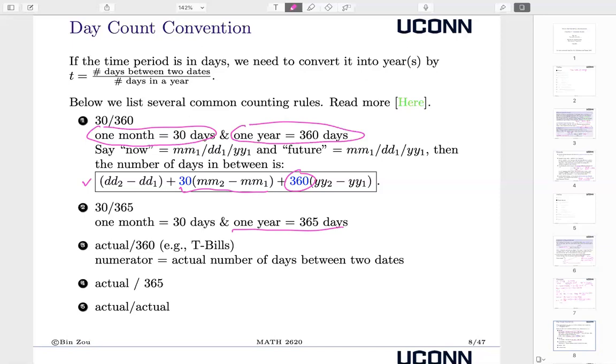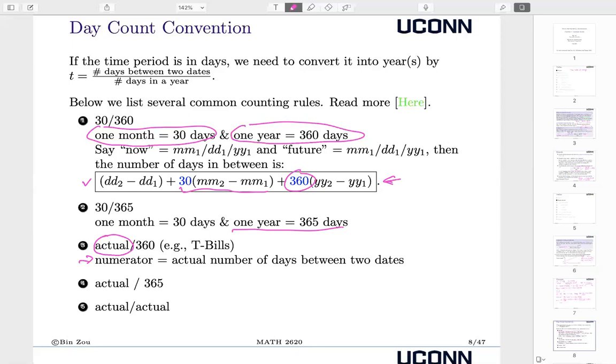The third one is called actual over 360. So when we calculate the days, we do not use any rule. We actually count the days between 2 days. That's why the numerator is now actual. It's the actual number of days between 2 days.